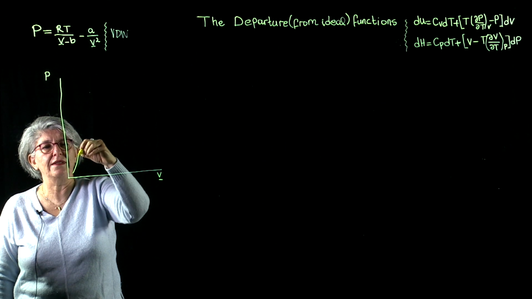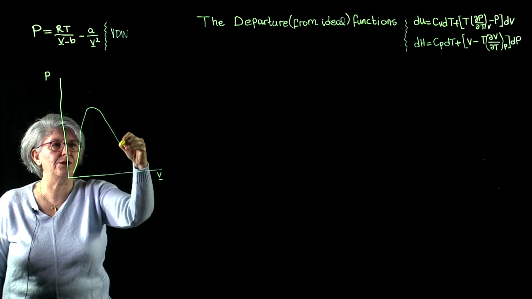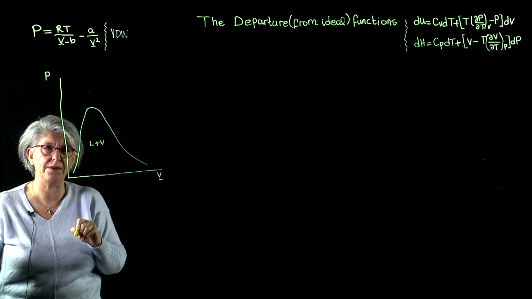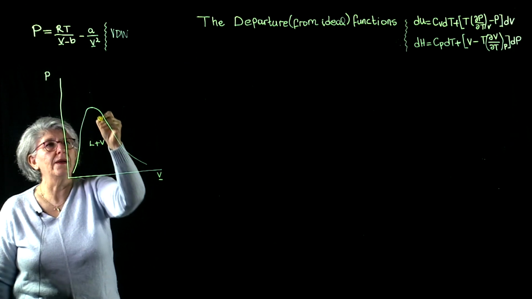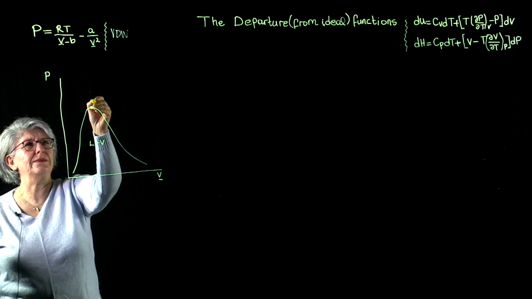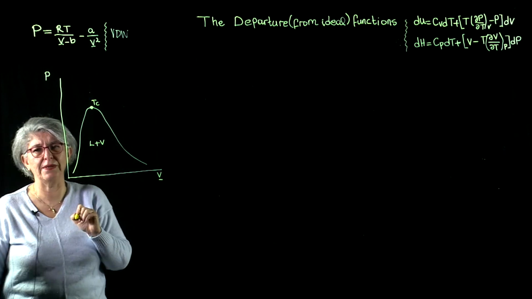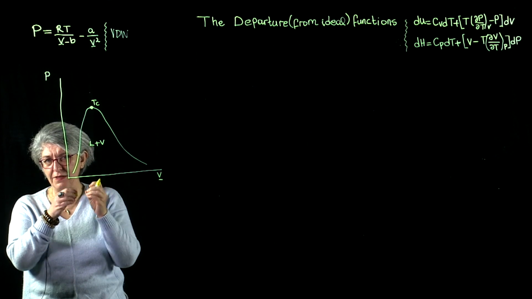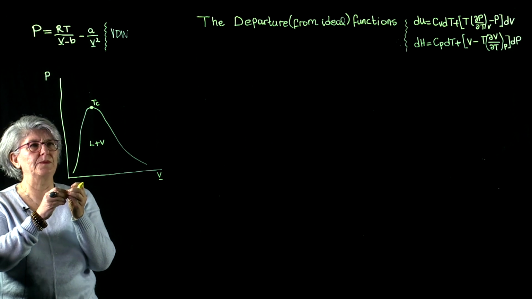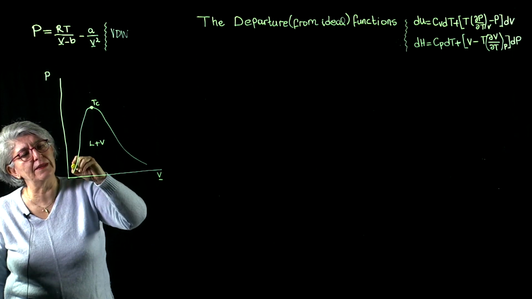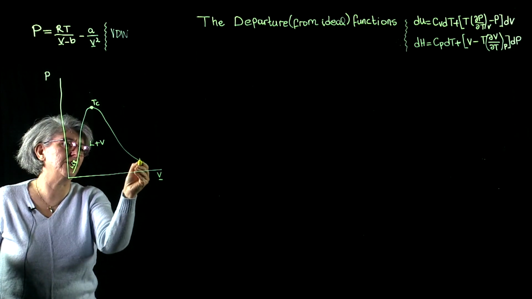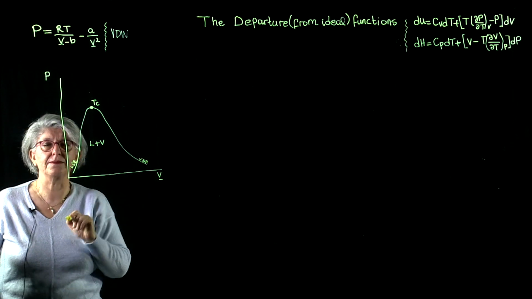So let's remember how the liquid vapor transition domain looked. Here we have liquid plus vapor. This point is our critical point. All right? It is specific to the fluid of interest. This is the saturated liquid line. This is the saturated vapor line.